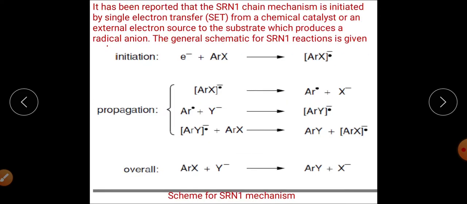The overall mechanism is being displayed on this screen, that first of all initiation will happen with an electron donor. This electron will come, and this substrate having a leaving group will get converted into a radical anion.